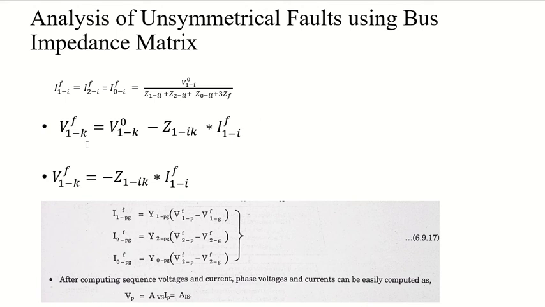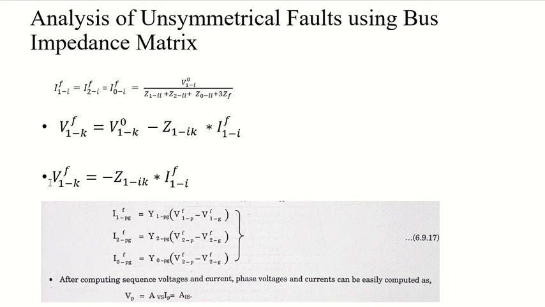And where did this formula come from? This formula came from this general formula: V1 minus K raised to F is equal to Z1 minus IK into IF1 minus I. So you are basically taking the multiplication of fault current and your bus impedance matrix, and you are finding the voltages.